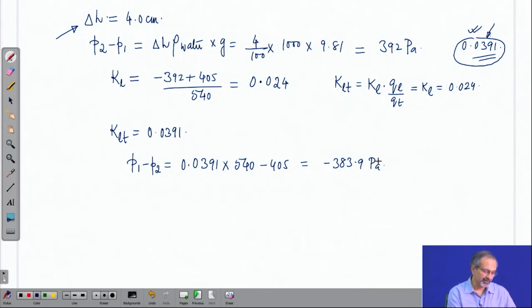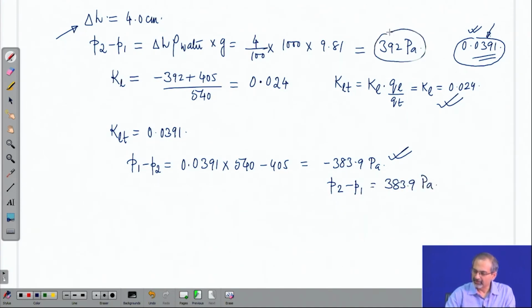That means, the test section velocity, the cross sectional dimension, etc., we keep the same as what we did for this particular calculation. So, P1 minus P2 is different here. Let us put it the other way, P2 minus P1 is then 383.9, about 384 Pascal, while for the case that we did, it was 392 Pascal.